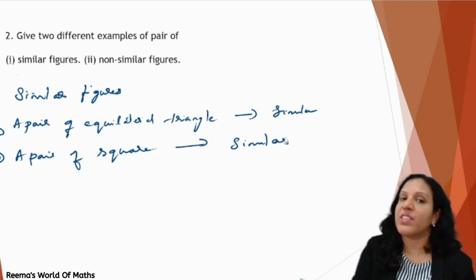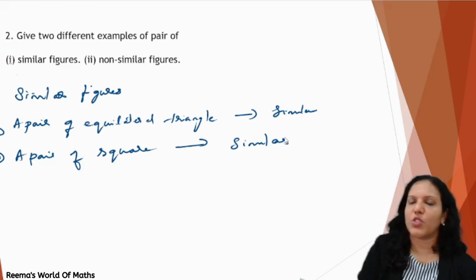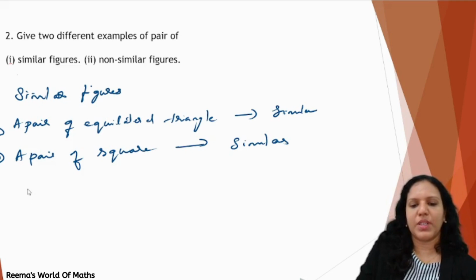So all equilateral triangles are similar, and all squares are also similar.